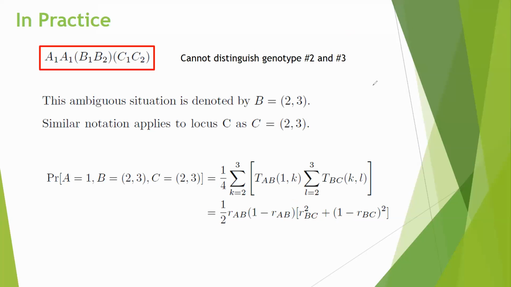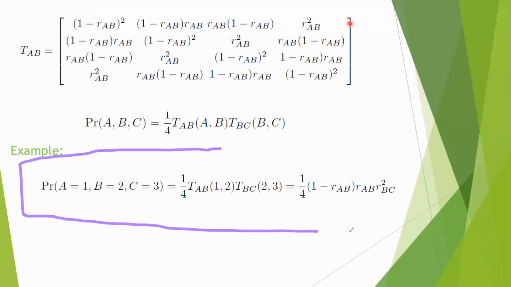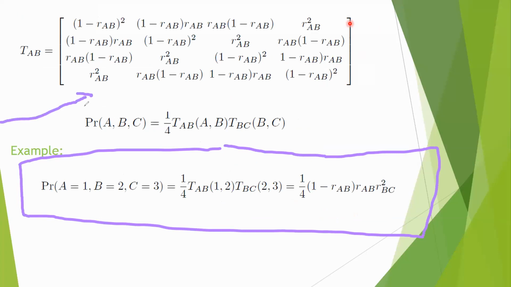But at least you need to know how to use the ideal situation. For this ideal situation, you need to know how to construct this transition matrix by yourself. And if I give you the genotype like this, you need to find the right element from each transition matrix to get the final answer for me. All right.